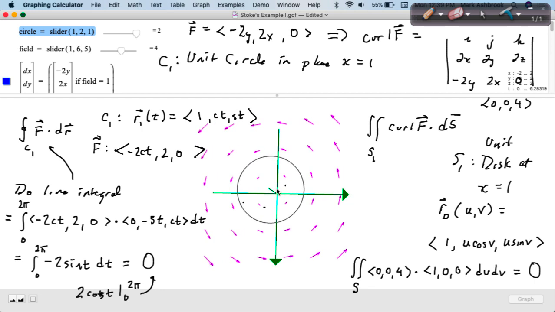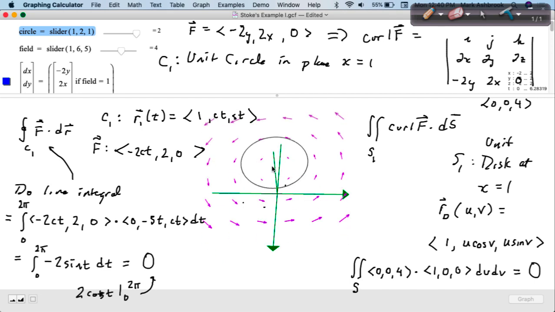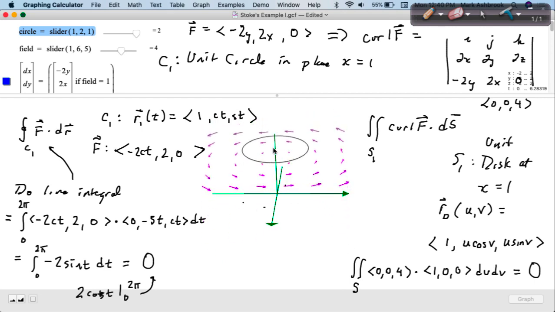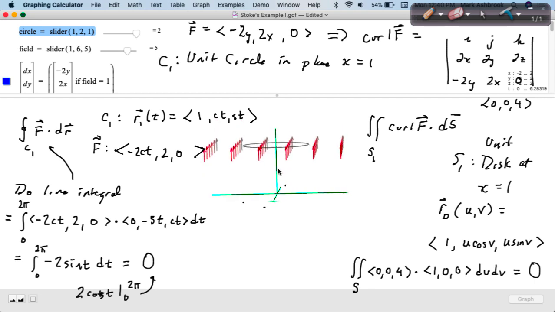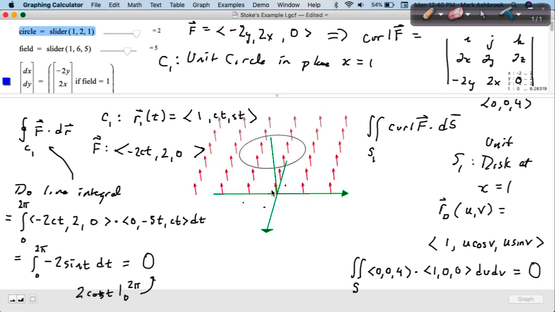Because you're always going in the direction the vectors are pointing, right? You're going to get positive circulation around that boundary. And what was our curl again? What about the flux of the curl through that? There's the curl. What about the flux through that? Positive, 0, or negative? Positive, right?